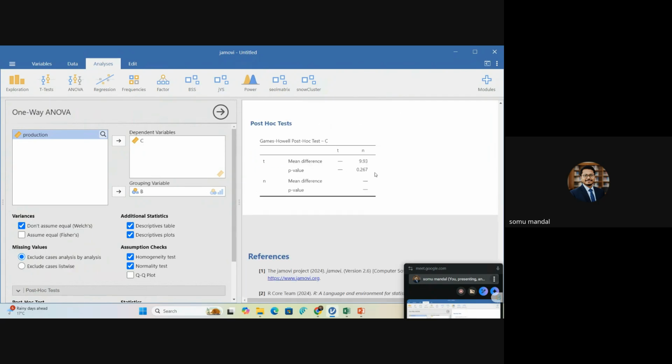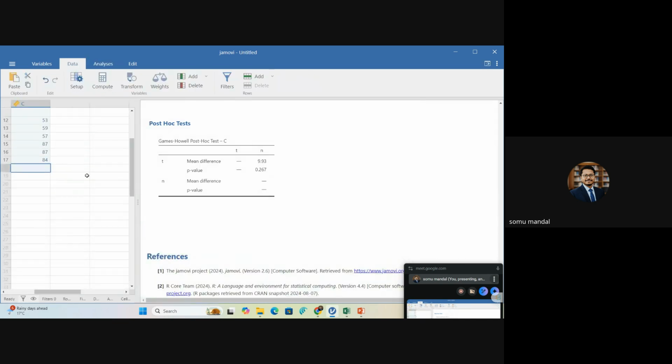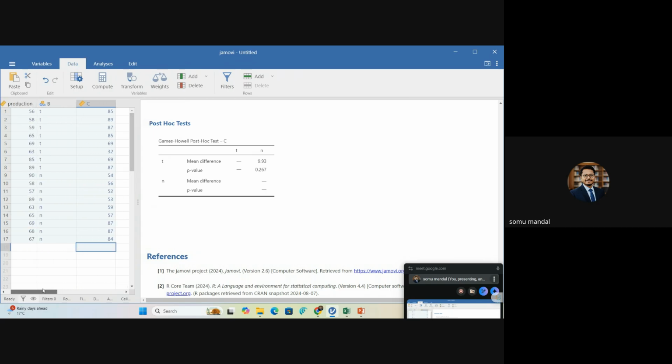But how far is it a significant difference or not? The post hoc test indicates that there is no significant mean difference. You may ask me, sir, why this is? Because if you go through this data, you find that there are changes of value: 85, 89, 87, 85, 69, and 32 is an abrupt lowest value.